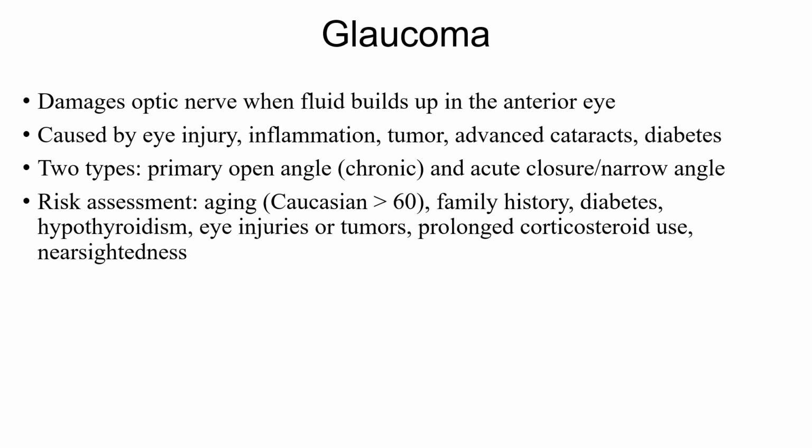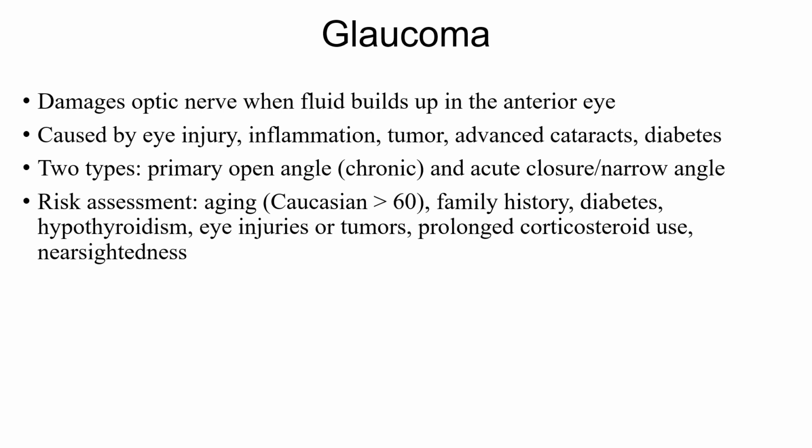So glaucoma, the diagnosis we talked about, is when the pressure within the eye, the aqueous humor, damages the optic nerve because it's putting so much pressure on the back. It can be caused by all different kinds of onsets, but inflammation, increased eye pressure, and diabetes can also facilitate glaucoma.